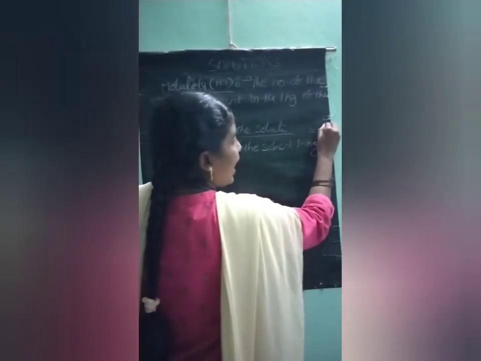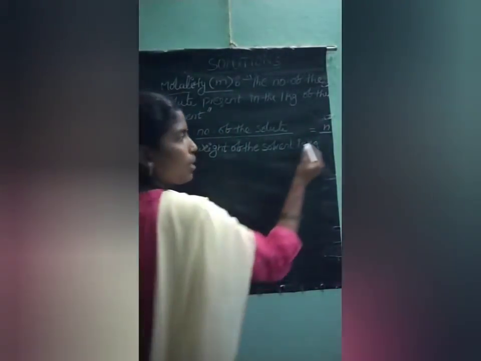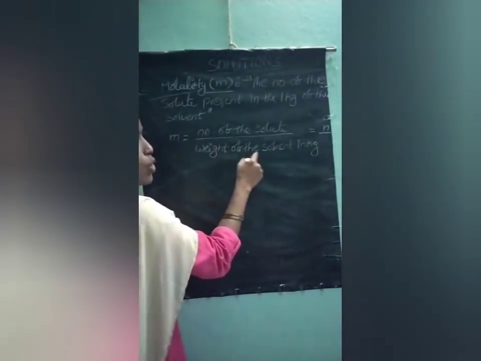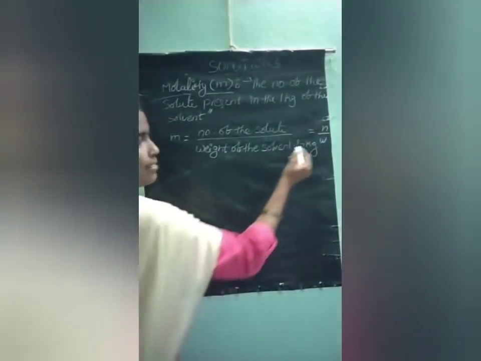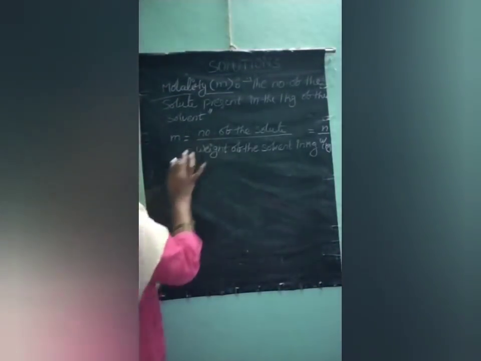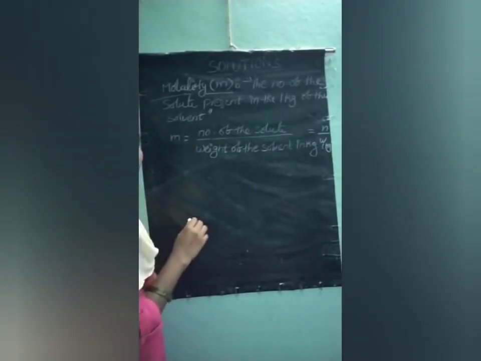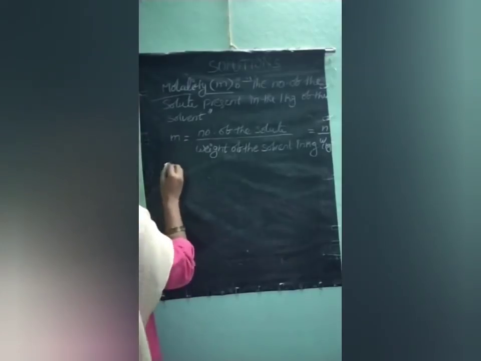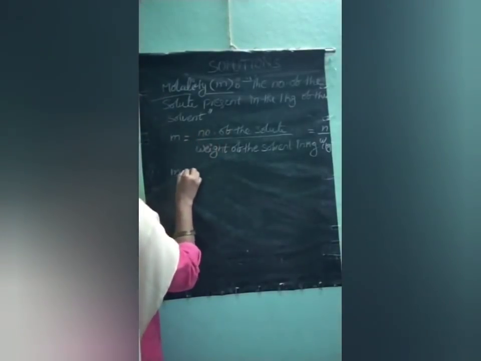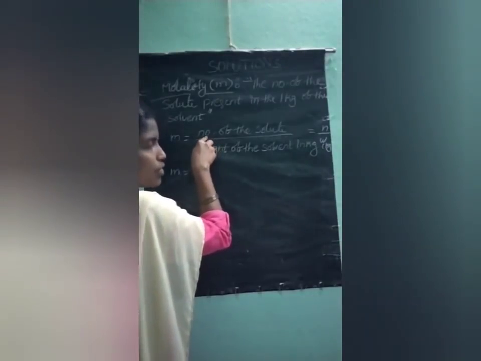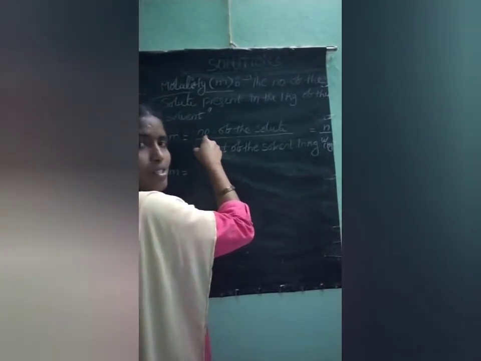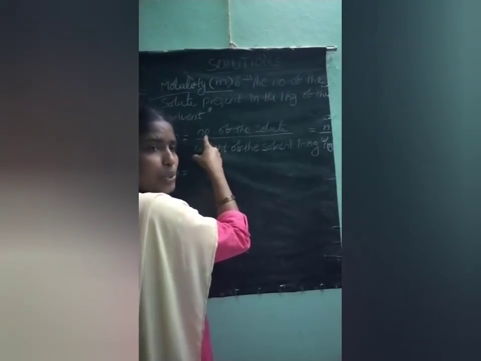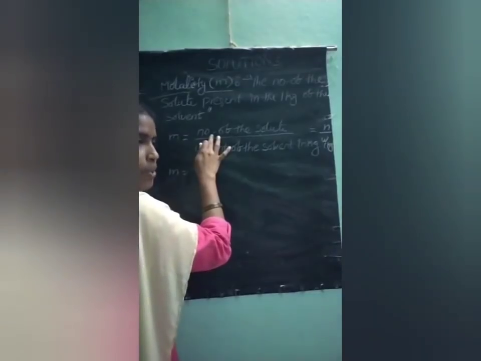This is one of the formulas. Simply written, n, the number of moles, by the weight of the solvent in kg. For the number of moles of the solute, by substituting in the formula, molality will change. The number of moles of the solute is equal to the weight of the solute by the gram molecular weight of the solute.